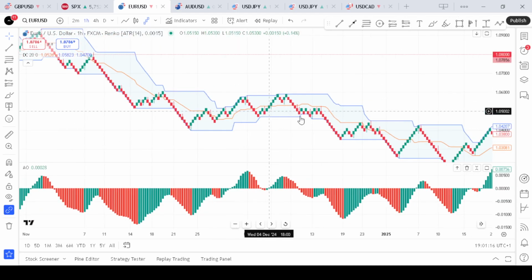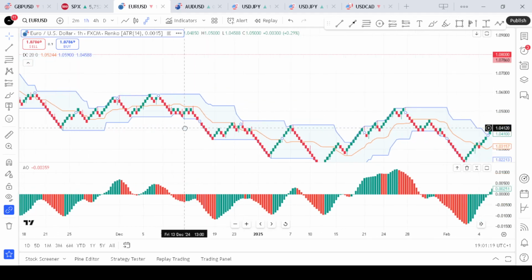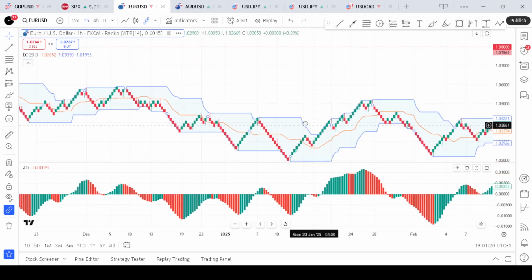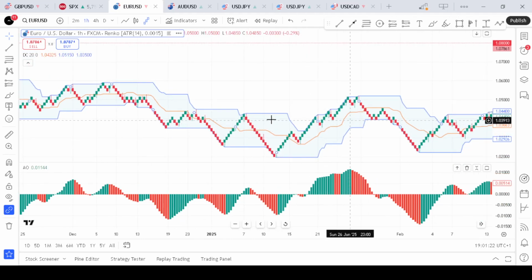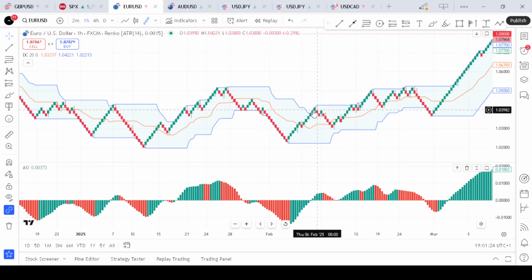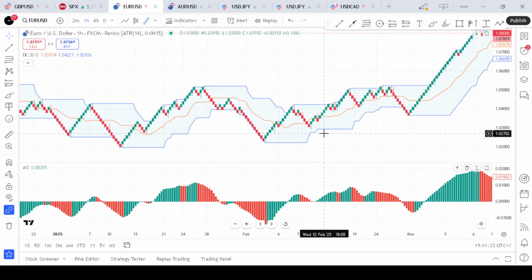Now let's see how we can apply this. When price is at the upper band, we wait for price to come back to the middle band to retest. When price has retested the middle band, you confirm using your awesome oscillator to see if it is showing a series of bars above 0.